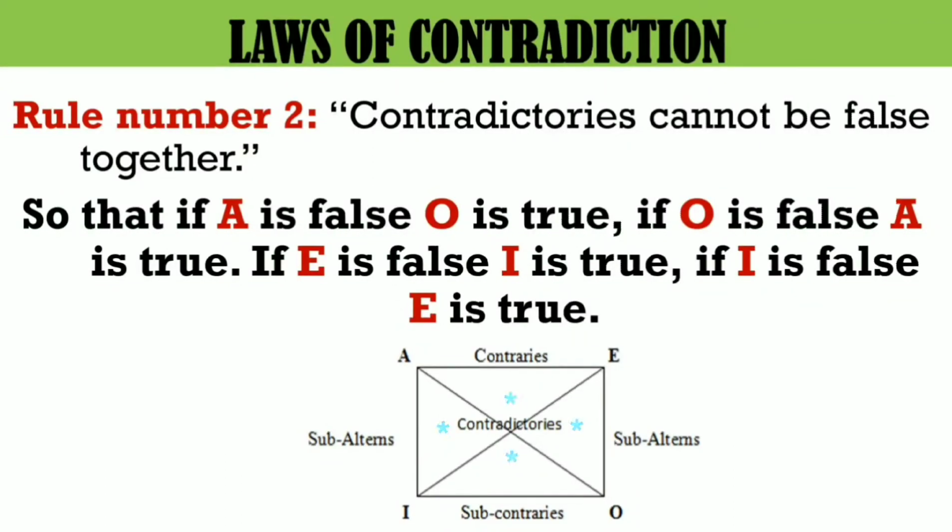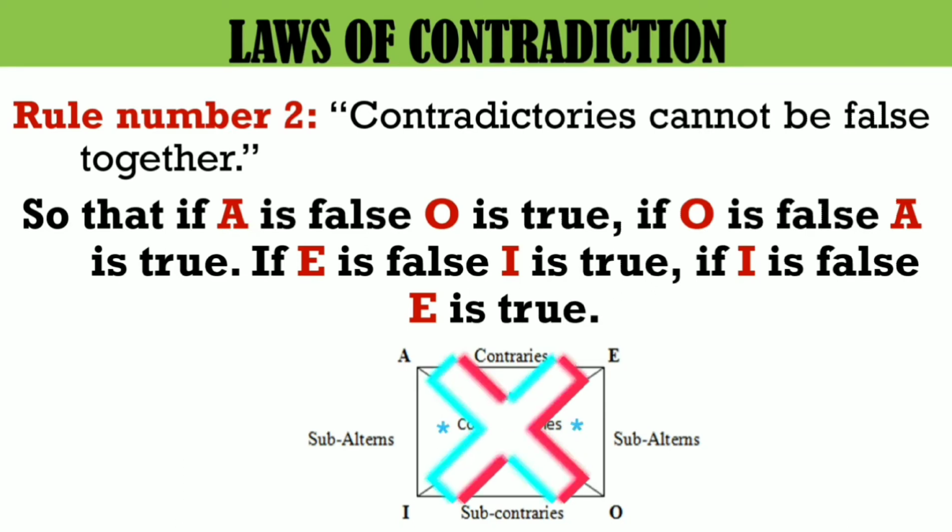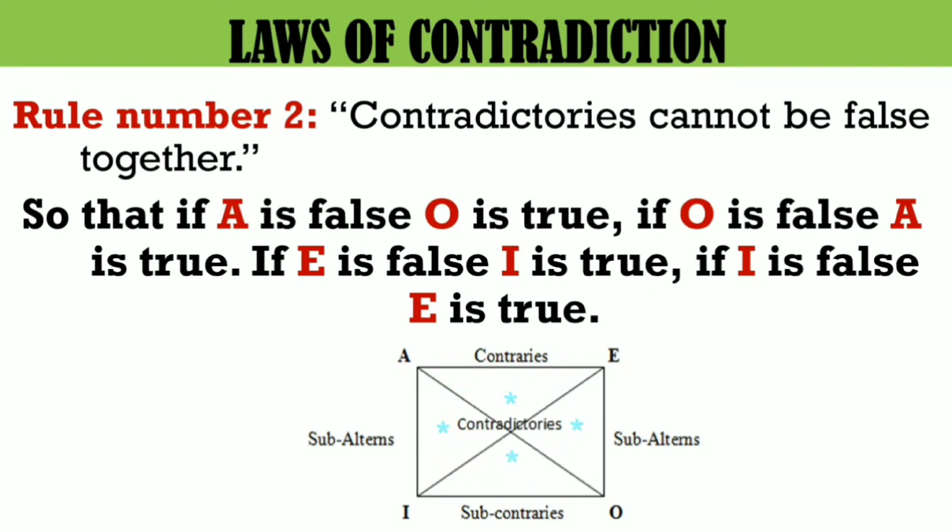So if A is false, O is true. If O is false, A is true. If E is false, I is true. If I is false, E is true. Meaning, false, true, false, true. That's rule number 2, which states that contradictories cannot be false together.